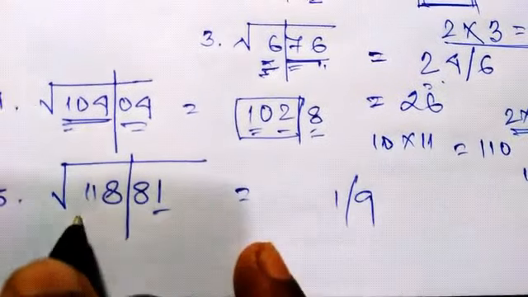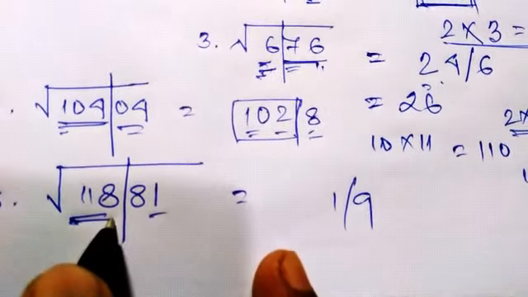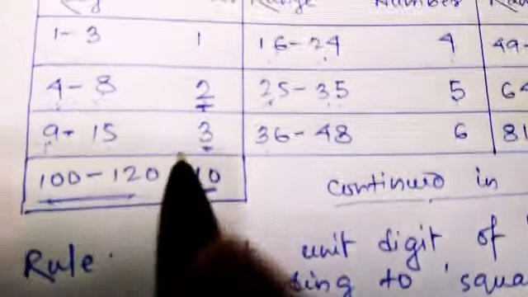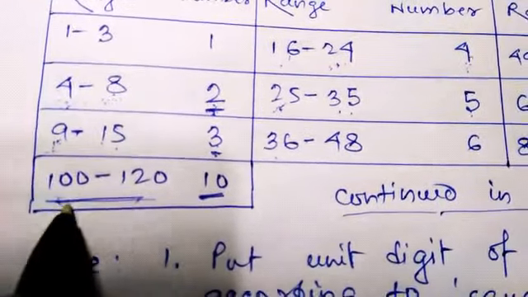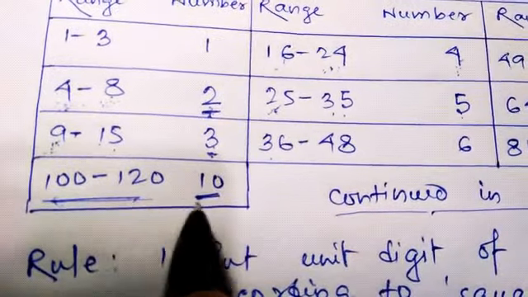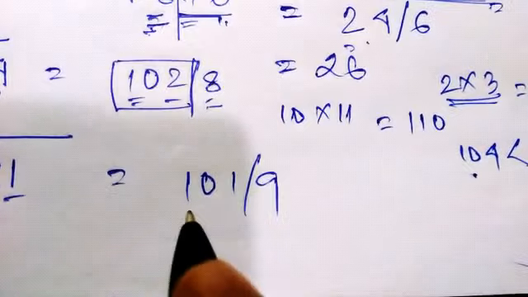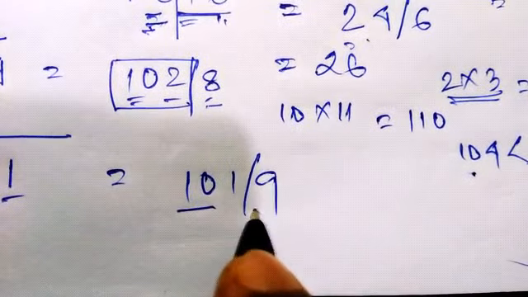Now 118 from table number 2 is in this range 100 to 120, so it should be 10. Now the problem is it should be either 101 or 109.